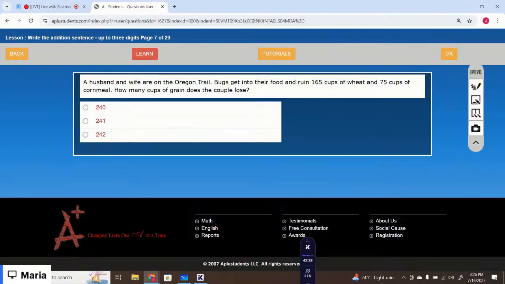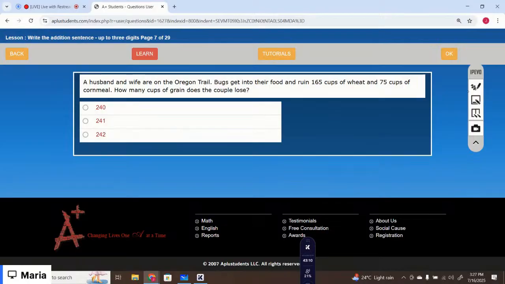A husband and wife are on the Oregon Trail. They are getting food and will need 165 cups of milk and 75 cups of corn meal. How many cups of food does the couple need? So, which is the correct option? 165 plus 75.